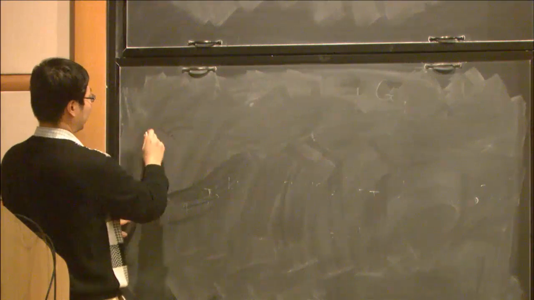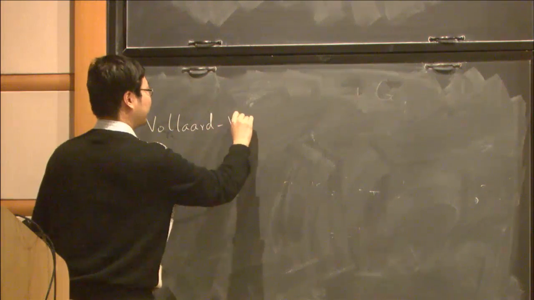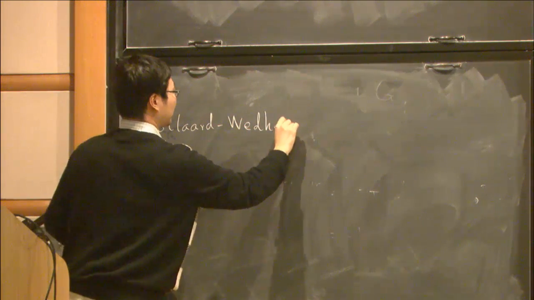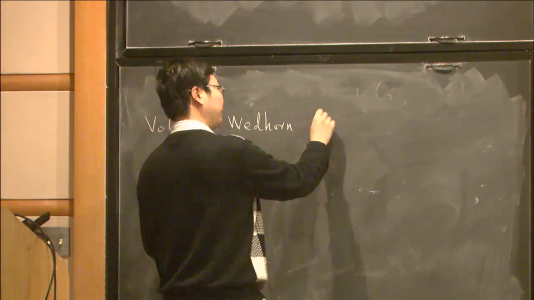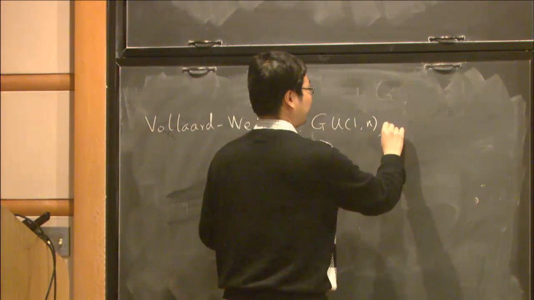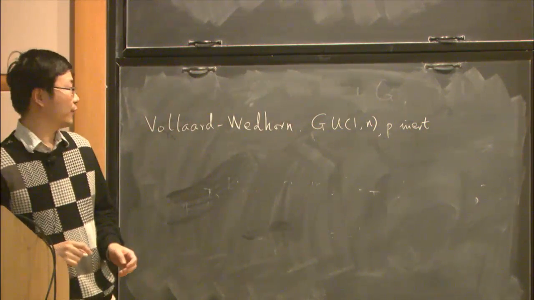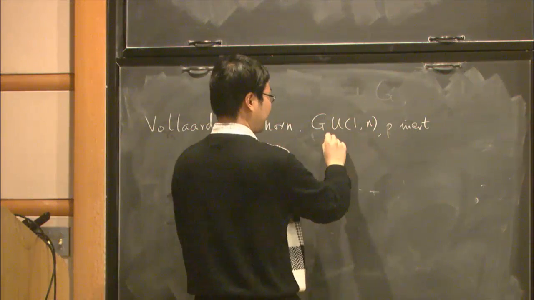I think probably this first started with Fargues-Wedhorn. So they studied the GU(1,n), P inert. So this is the unramified unitary group with a hyperspecial level structure.